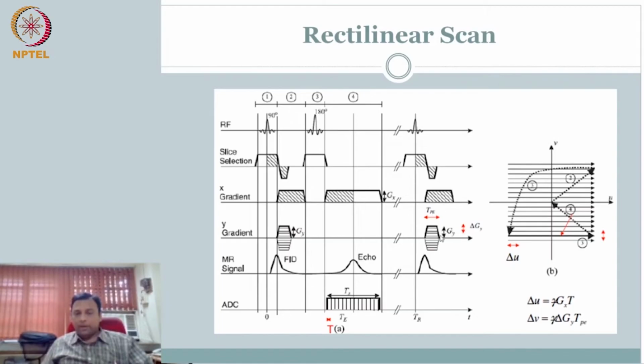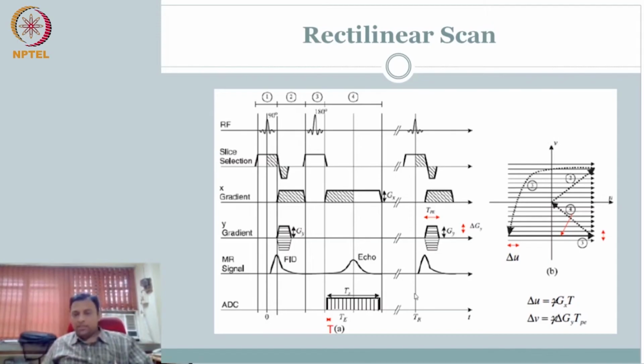Likewise, when you are repeating the experiment, you are moving the phase direction, your gradient delta GY, and you are applying the phase encoder for TPE. So your delta U is gamma GX T. Remember, we were talking about the highest frequency as gamma GX TS.